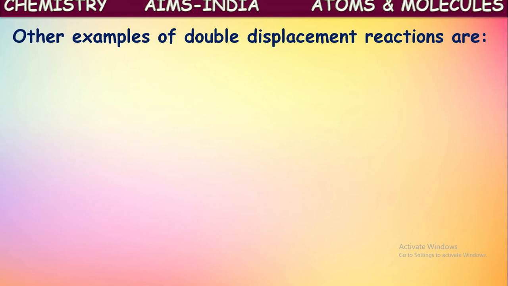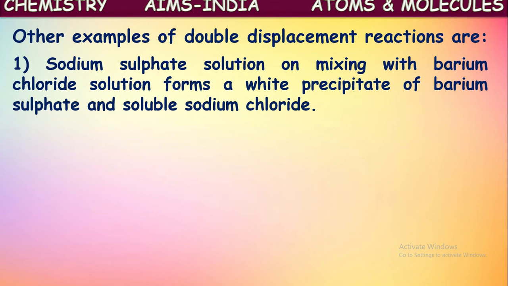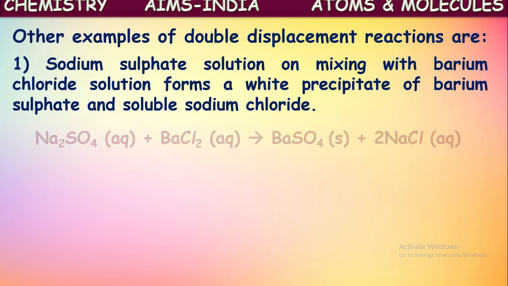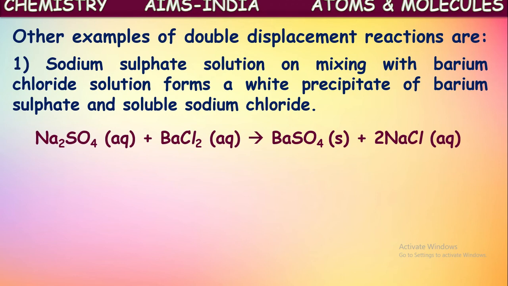Some other examples of double displacement reactions are shown here. Sodium sulfate solution on mixing with barium chloride solution forms a white precipitate of barium sulfate, and soluble sodium chloride is also formed. These two are aqueous solutions which are soluble in water.